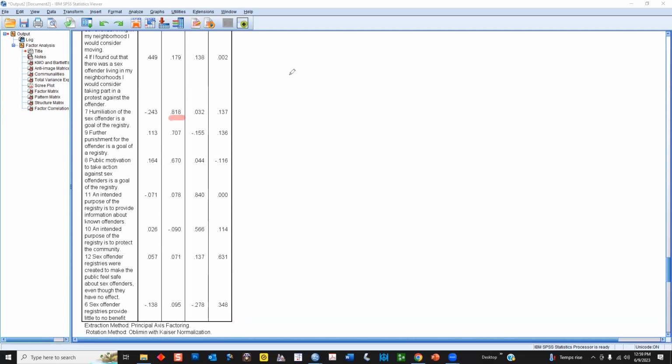Let me change it to yellow. We've got 1, 2, 3 items that load onto factor 2, and none of those 3 items load onto any of the others, so that's good. I've got 1, 2 items that load onto factor 3, but neither of those items load onto any of the other factors, so that's good. And then factor 4 has 1 item that loads above 0.4, and that's bad.